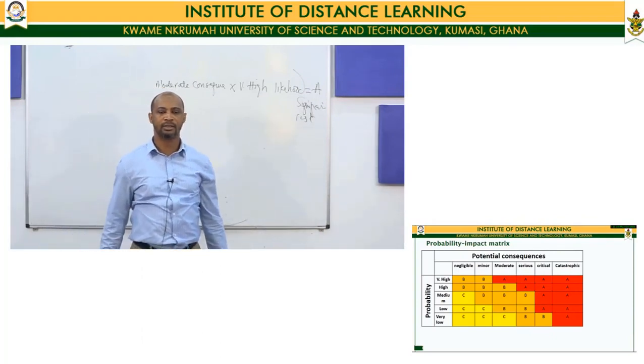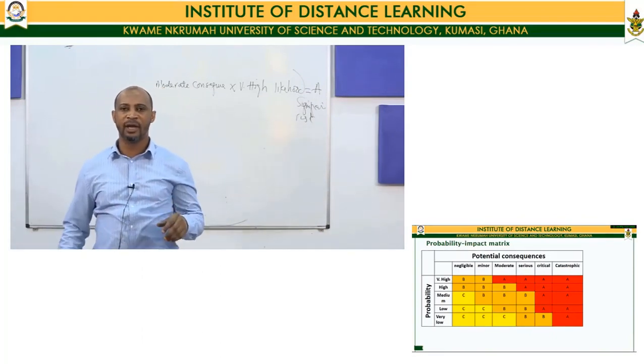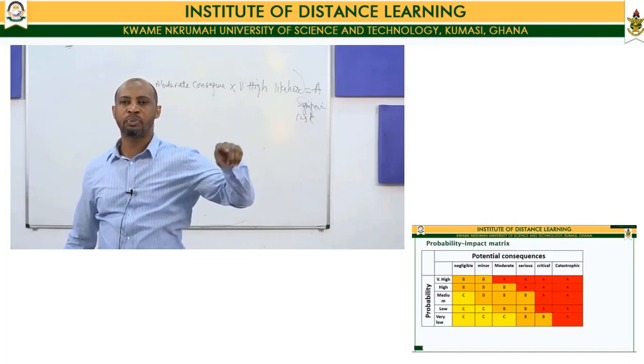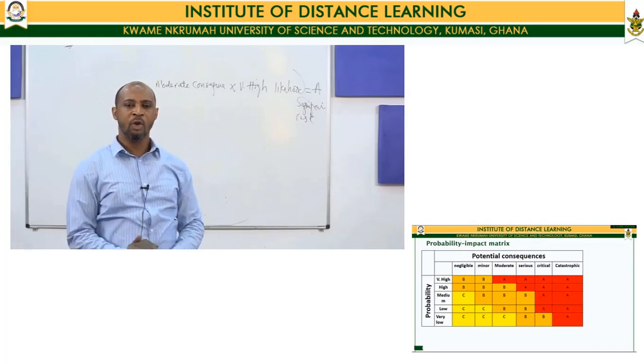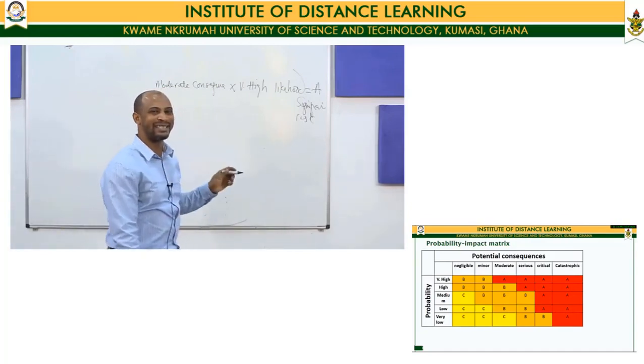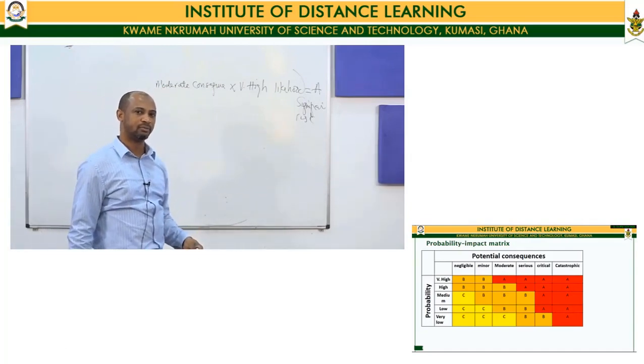Take note of that. When will an event that has very low probability be a high risk event? When its consequence is catastrophic.